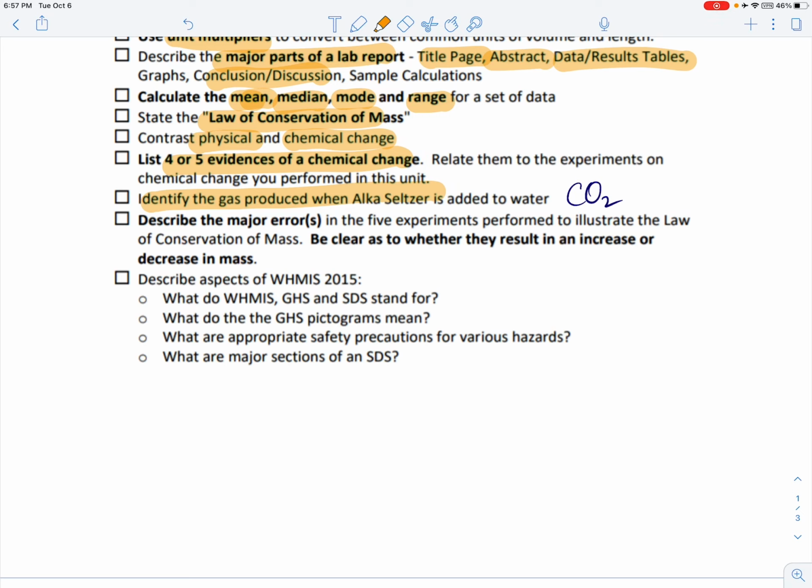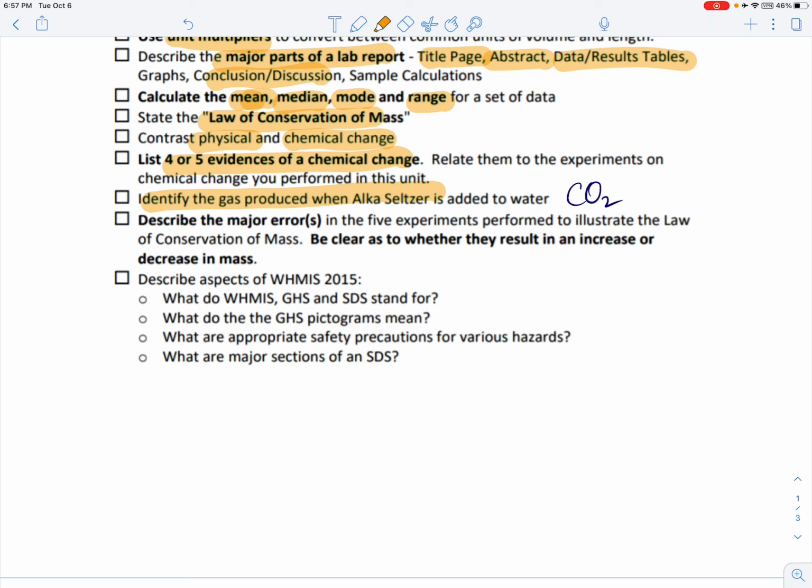In each of the experiments that we did on the law of conservation of mass, there were unique errors in them. You need to know what those errors were for each experiment and whether they would cause an increase or a decrease in mass. For example, in the Alka-Seltzer and water experiment, when you added the Alka-Seltzer to water, it produced CO2 gas, which escaped from the bottle before you could put the lid on perfectly.